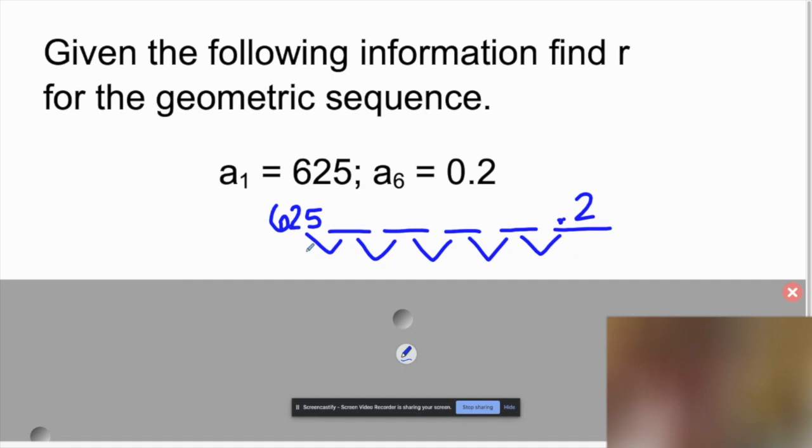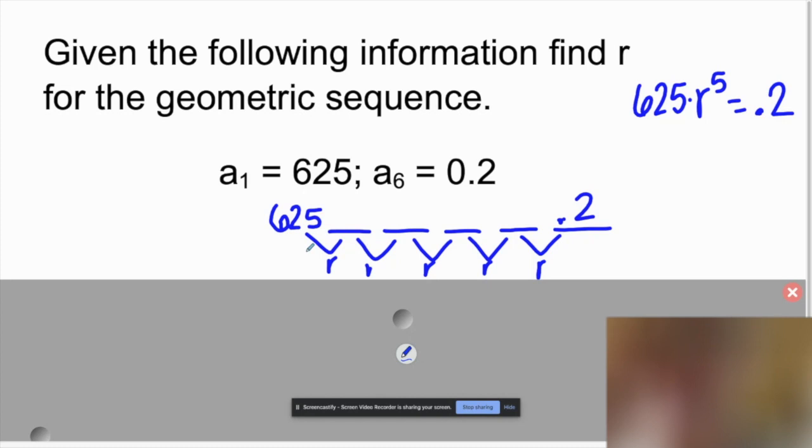So with geometric, we're going to find out common ratios. Okay, so if I take 625 times, looks like I have 5 common ratios. So instead of saying 5r, which would imply you're adding them, we need to do r to the 5th.